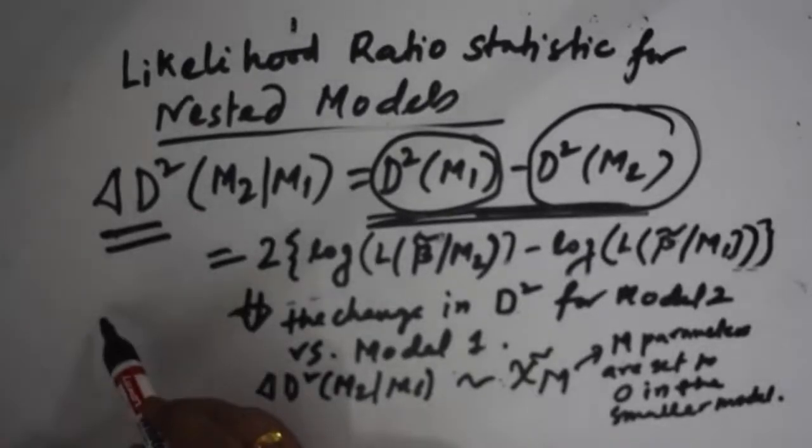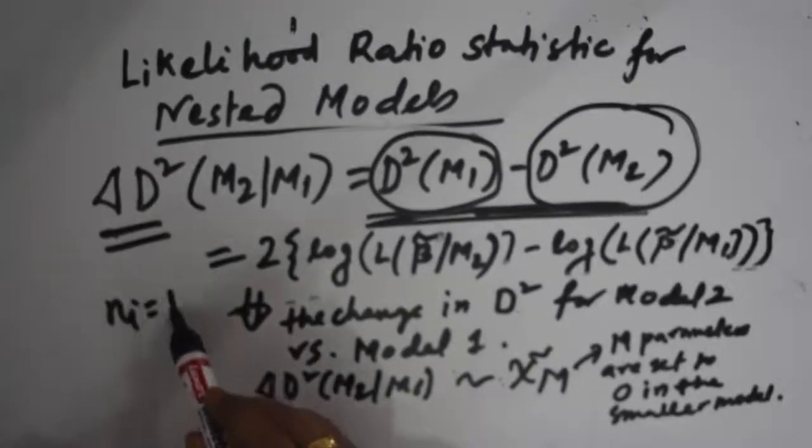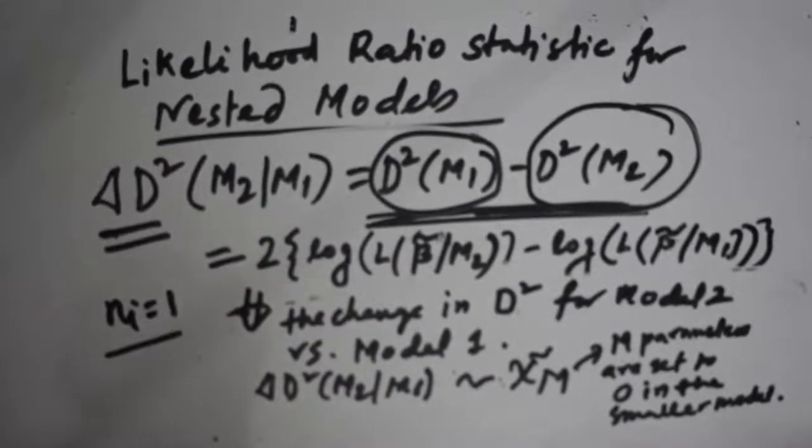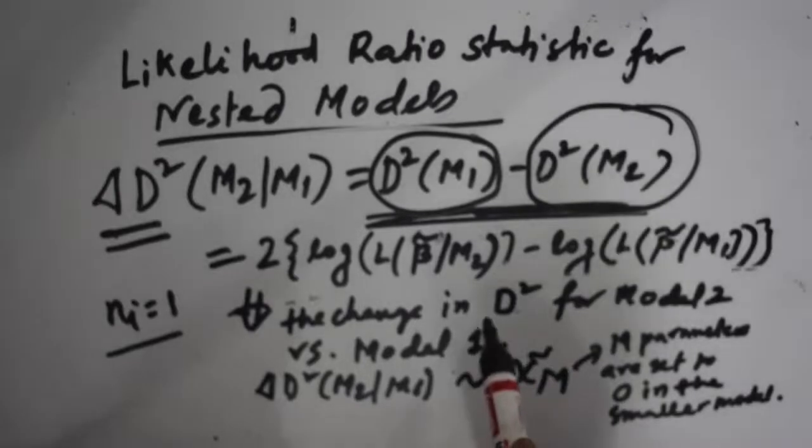That means ni equal to 1 and delta D squared will still be an approximately chi square test statistic for beta 2 equal to 0, since log L beta hat given saturated subtracts out in the difference.